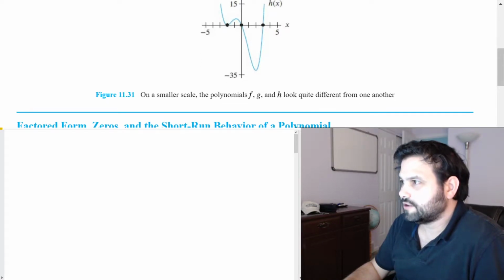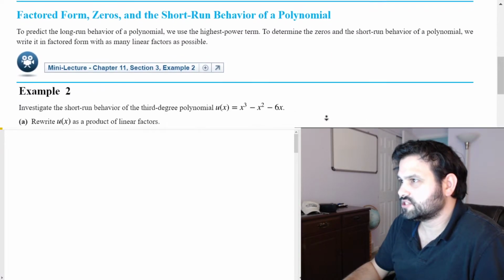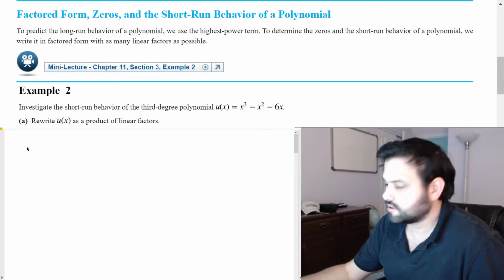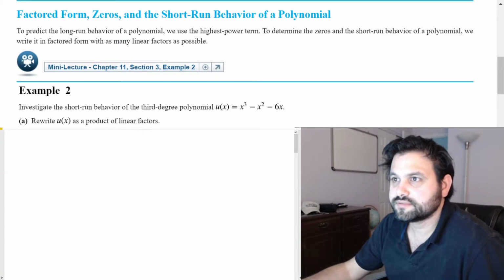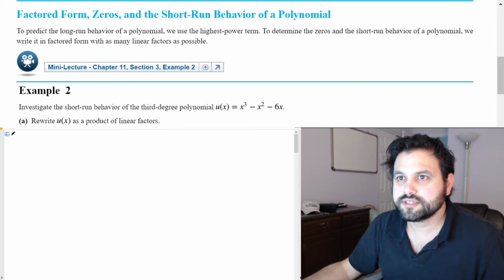So to figure this out, we're talking about zeros. Okay, that's really what this section is all about. So let's see if this works. So let's do this.